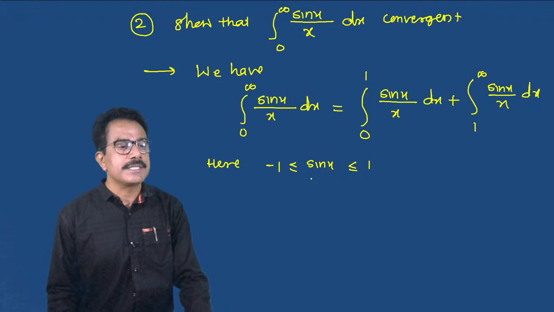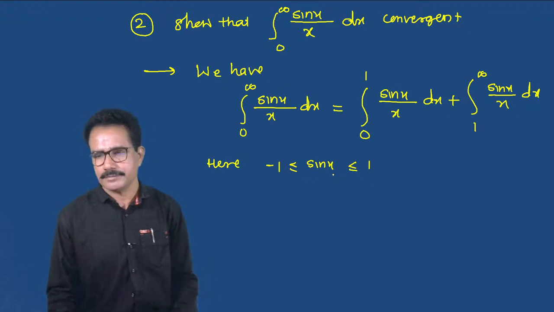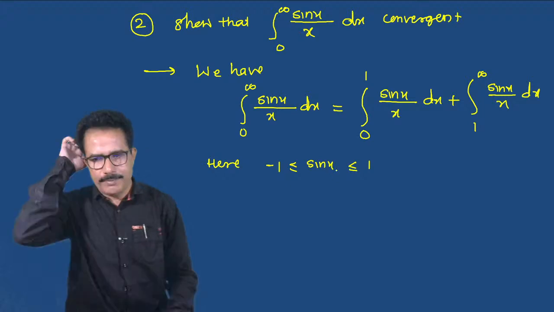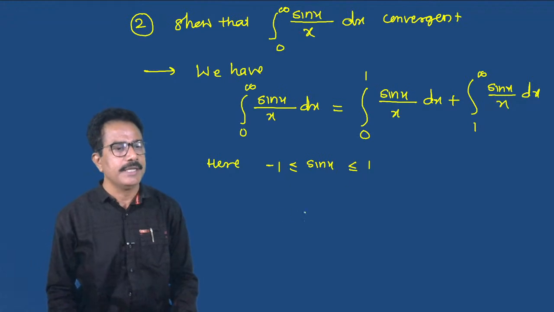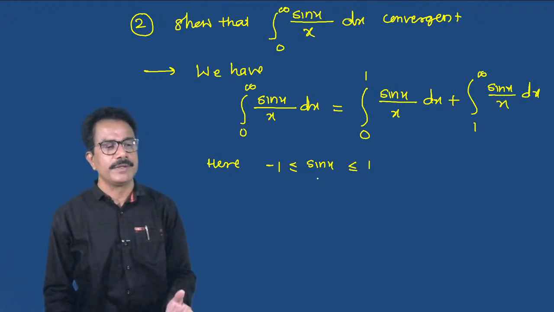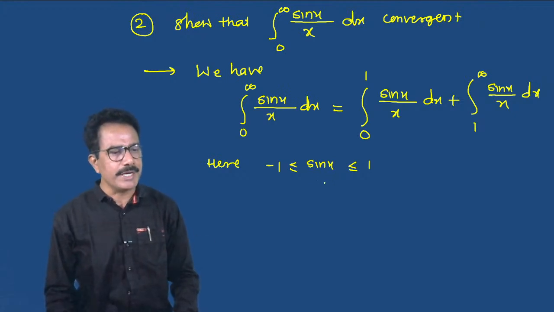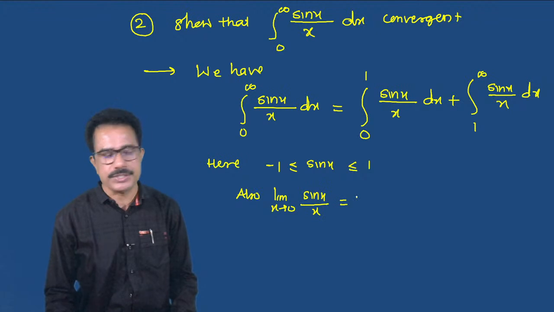And standard form of sin x upon x, we know that as x tends to 0, sin x upon x is 1. Also limit x tends to 0, sin x upon x is equals to 1.